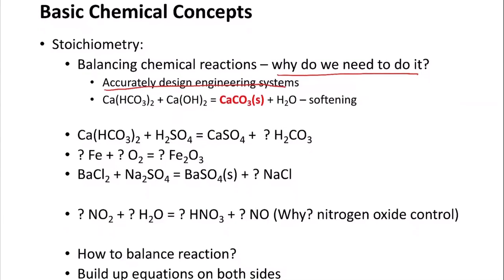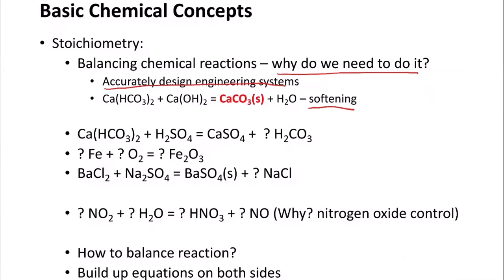For example, let's take water softening as an example again, okay? As we mentioned, the major goal is to try to reduce the calcium bicarbonate in water. The procedure is that we add in more calcium ions into the water, and this is mainly relying on the hydroxide ions to react with the bicarbonate ions and to form these solids.